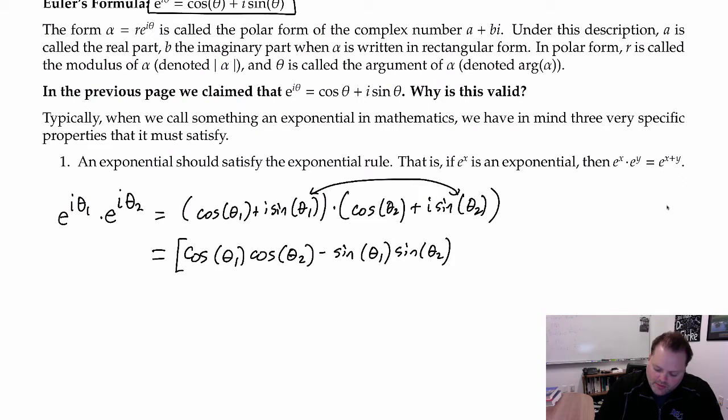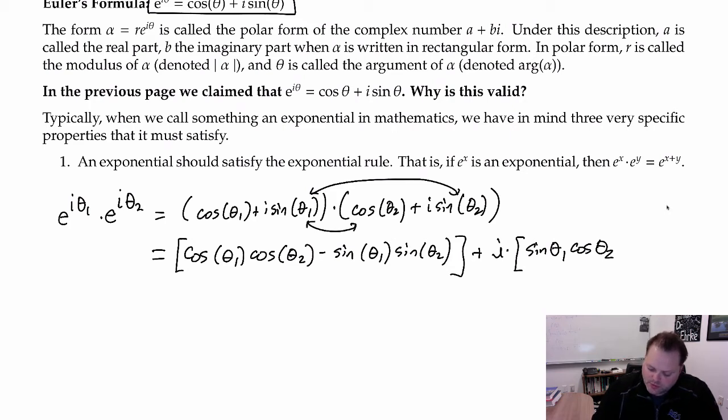So that's the real part. Now what are all the terms that are multiplied by i's? Well, if you look, you've got a sine theta 1 cosine theta 2 from here. And then you've got the outermost terms, which would be cosine theta 1 sine theta 2.